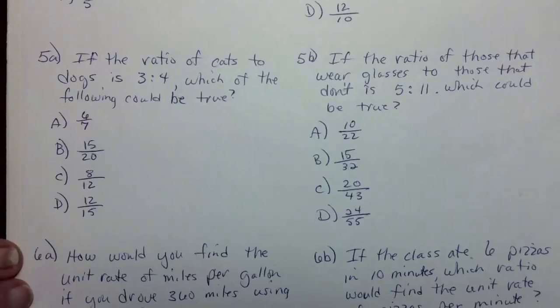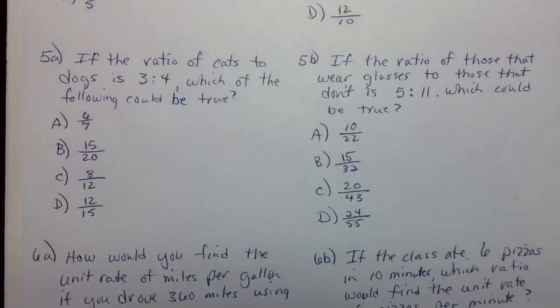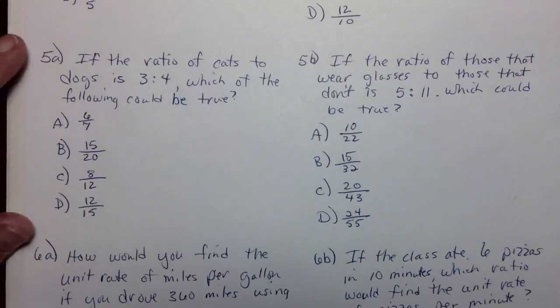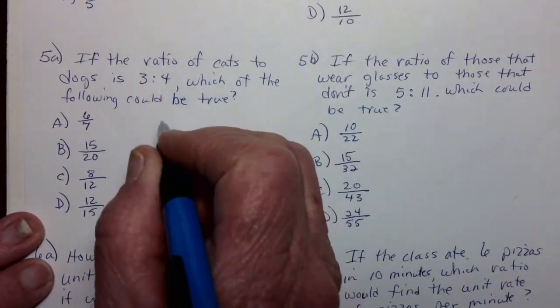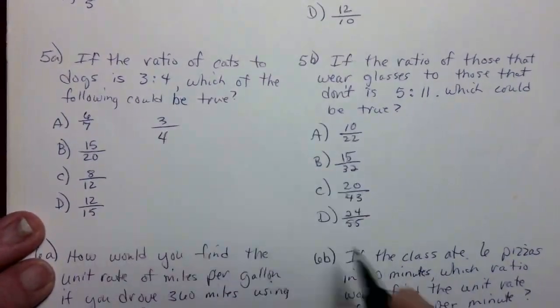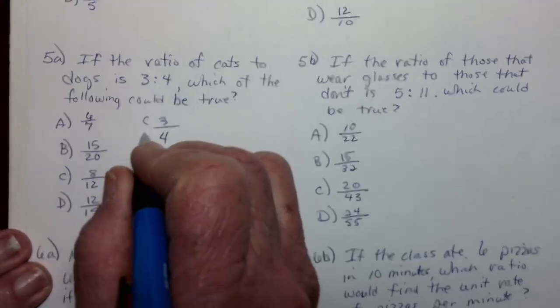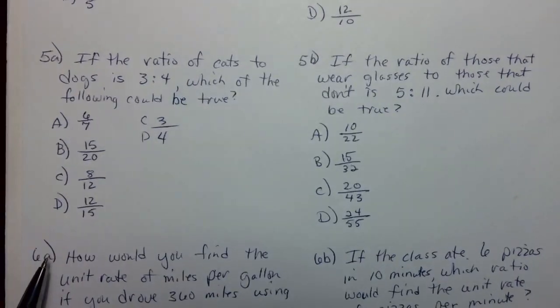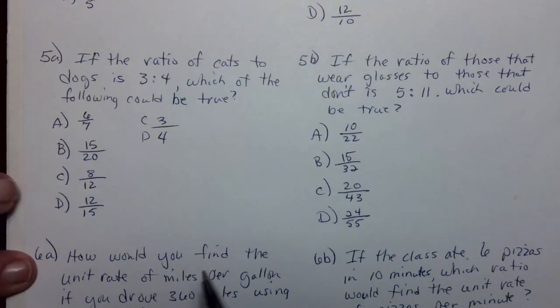Okay? 5A. If the ratio of cats to dogs is 3 to 4, which of the following could be true? 3 to 4. This is cats, this is dogs. So which one of these is an equivalent fraction to this one?